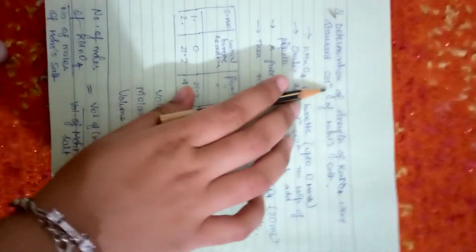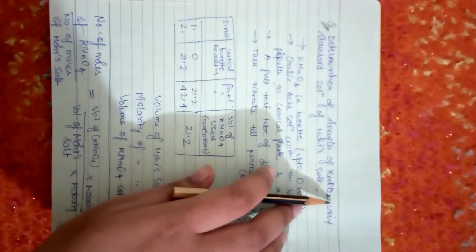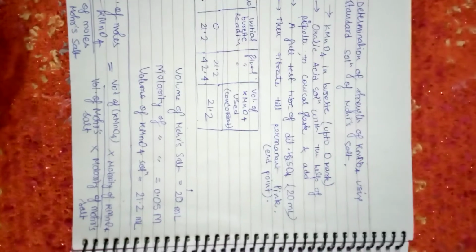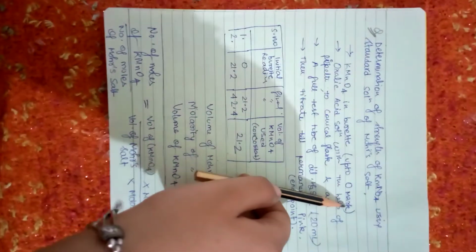Okay, coming to the next page, we've got the determination. Yes, this is the question actually: determination of the strength of KMnO4. Usually the strength is asked so many times. Strength of KMnO4 using standard solution of Mohr salt. So we put KMnO4 in the burette up to the 0 mark.